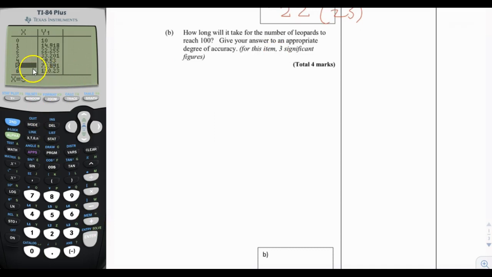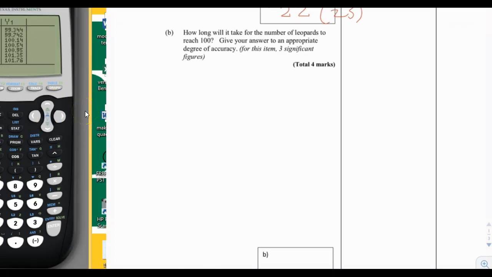They want 3 significant figures, so I'm going to increase the increment to plus 0.01, and that's going to give me 3 significant figures. By doing this, now I can find the exact value for up to 3 significant figures of time that gives us exactly 100 leopards. Getting close. Oh, there we go.